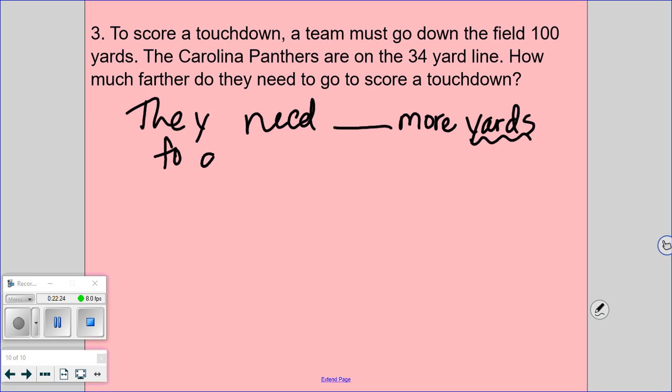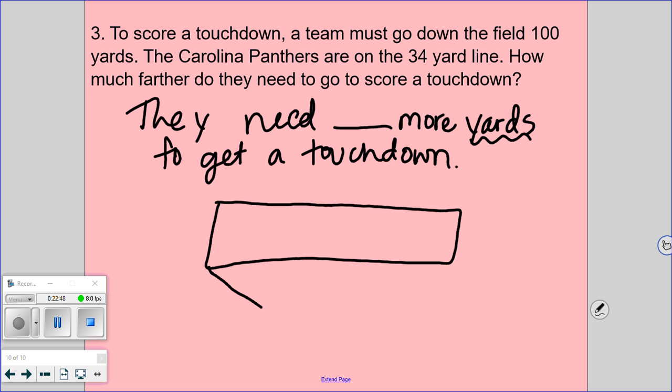To get a touchdown. If you have some version of this, that's cool. You don't have to have exactly what I have, but you need an answer sentence. Next step is what? It's not tricky. Ashlyn? Bar model. Draw a bar model.